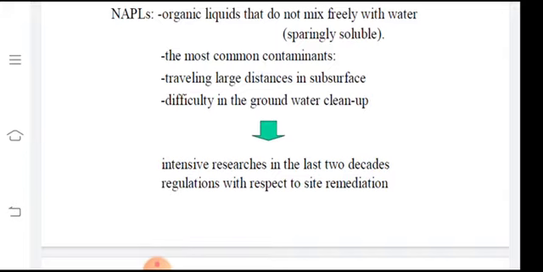So NAPLs, non-aqueous phase liquids, are organic liquids that do not mix freely with water. They are not soluble, but in some cases some part may get dissolved in water because of changed conditions.